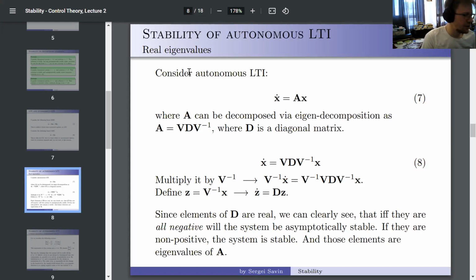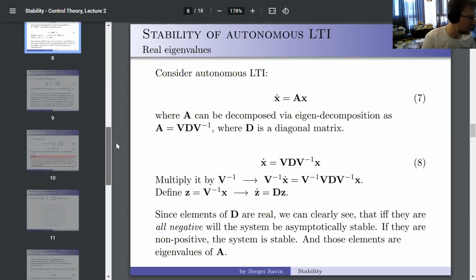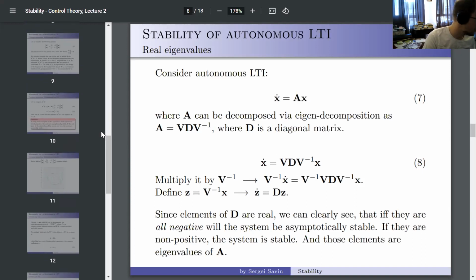Now, maybe if I'm allowed, I will try to see if I can jump directly to the actual statement, and then we will try to prove it. Let me jump directly to the actual statement.